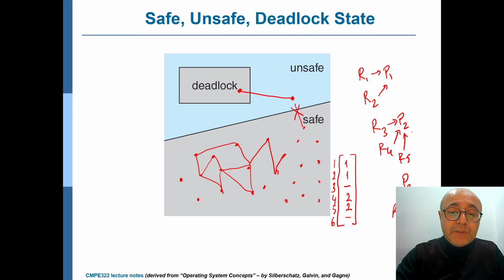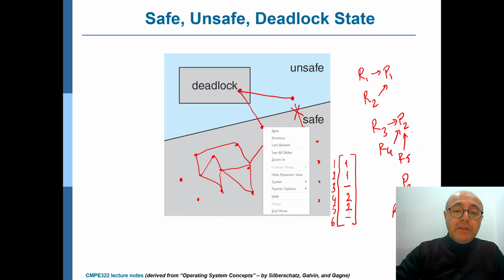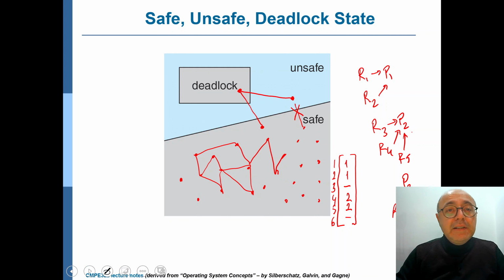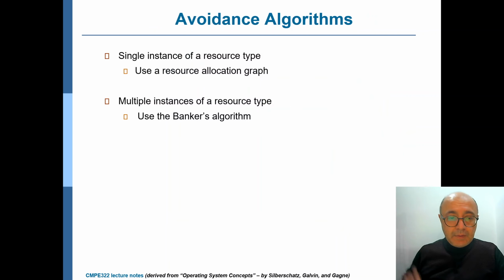But it is not possible to jump from the safe state set directly to the deadlock state. That's not possible. You always have to go through the unsafe states. Therefore, since this will never happen, just avoid allowing any switch to unsafe states because it might cause you to go to a deadlock later, in a later stage, not immediately.